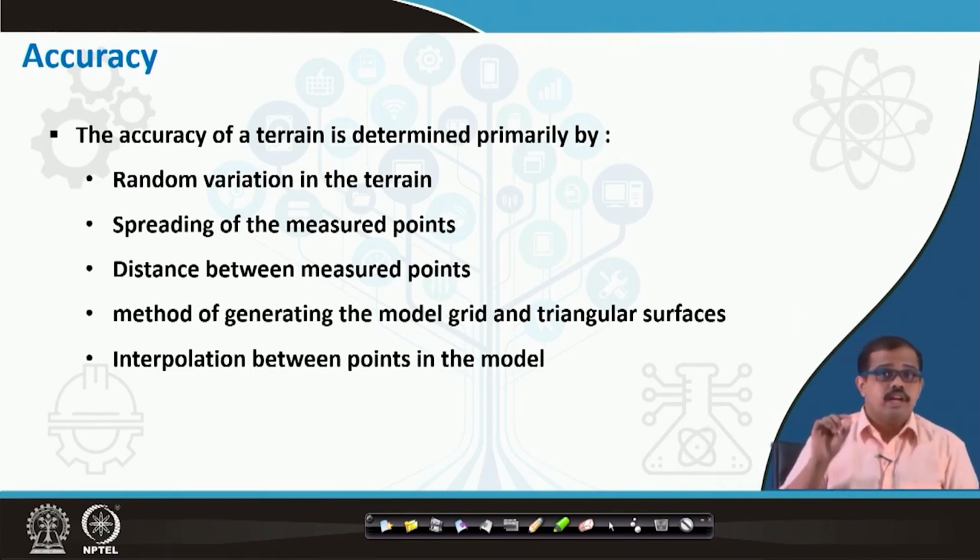Finally, when you develop a model from points, you use statistical techniques like interpolation, so what kind of interpolation has been done? These things are needed to determine the accuracy of the model. It is not a straightforward answer to say what the accuracy of the model is; you have to look at all of these parameters, basically these 5, and there are many more, that people have to keep in mind to see how accurate a particular model may be.